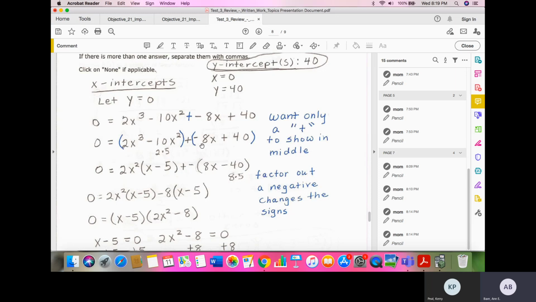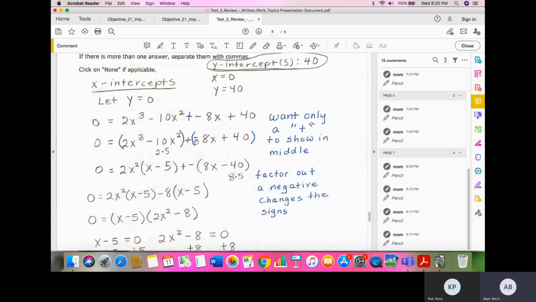Plus, now, when you want to look at this, we need to do something with this negative here because we're not going to get matching factors here like this if we don't. And so let's factor the negative sign out. When you factor a negative sign out in front, it changes all the signs inside.